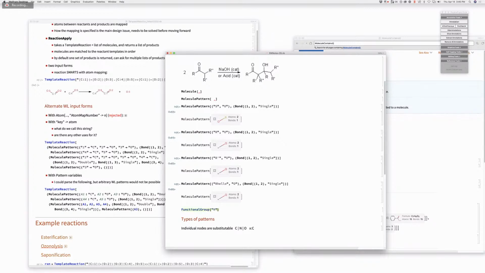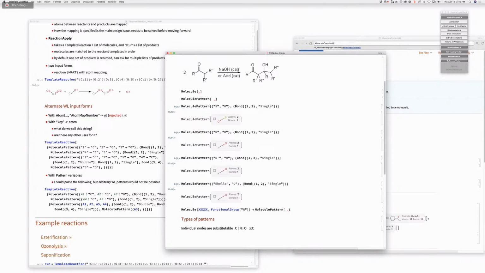This is a bad idea, but imagine you could type molecule of functional group, blah blah, in there, and that this would puff itself out to a molecule pattern. So that the fact that you type it in as a molecule is merely a courtesy. Does that make sense? Absolutely.